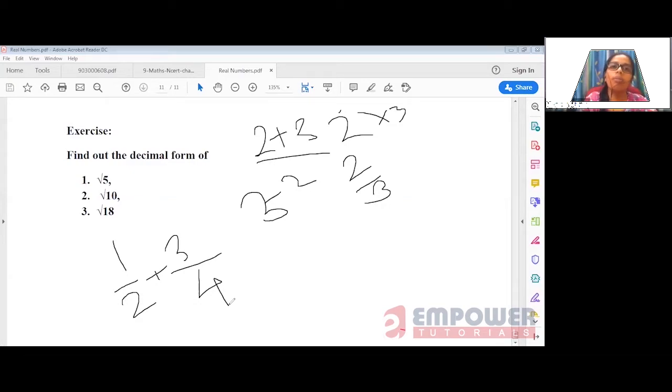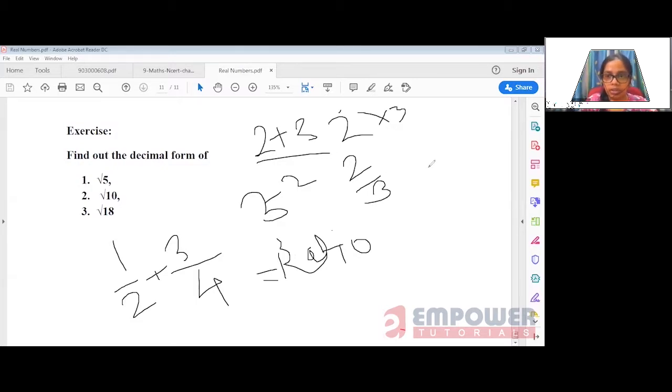We can do all mathematical operations using two rational numbers, and we will get the answer in rational form. Am I right? The answer of all these operations will be a rational number.